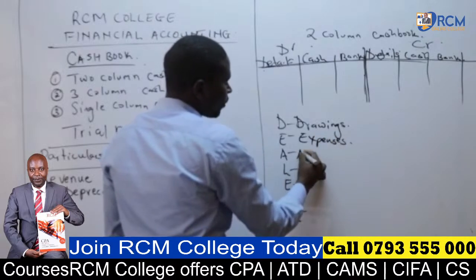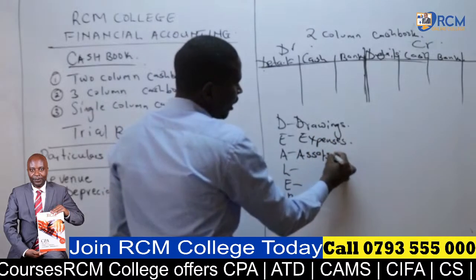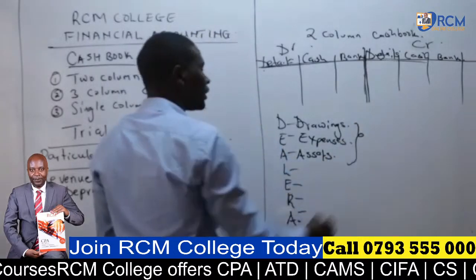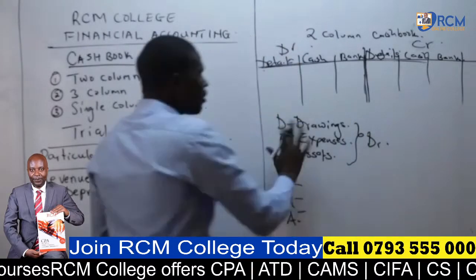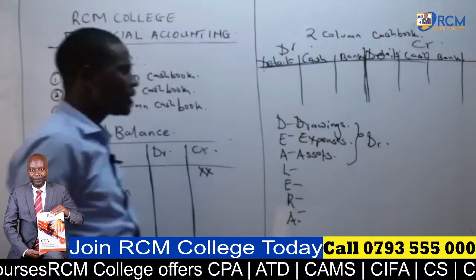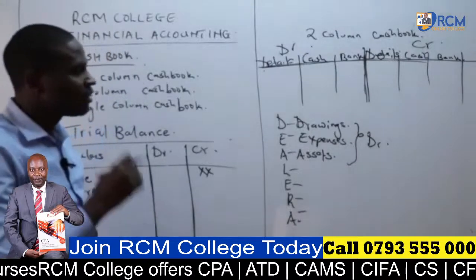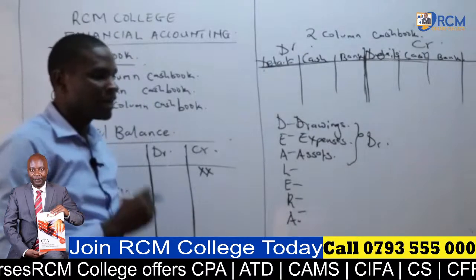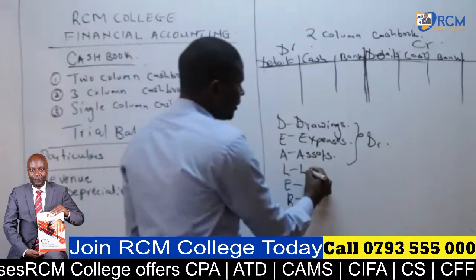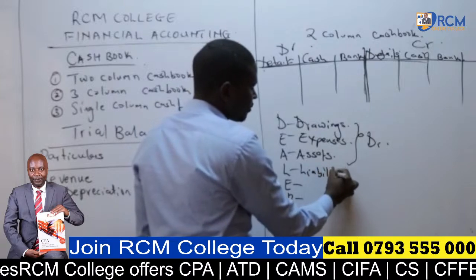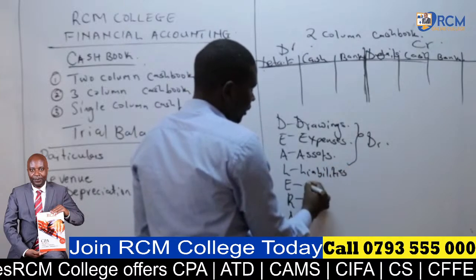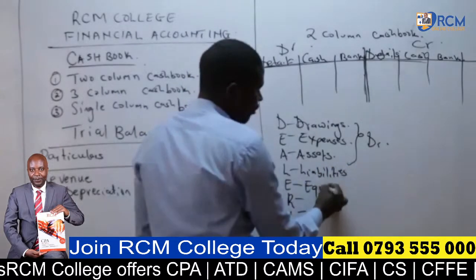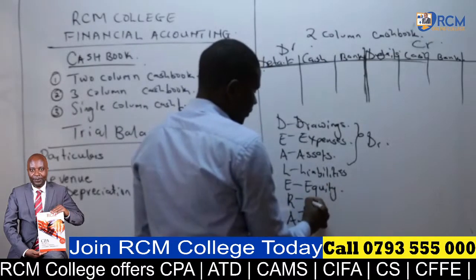My friend, going to that exam without knowing these, and this is the basic of accounting. So I told you that all these, the drawings, the expenses, and all the assets, have a debit balance. Then we have liabilities, and equity, all the equity items. We have revenue.